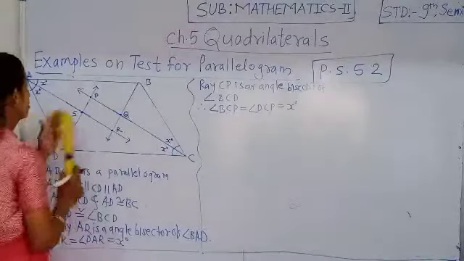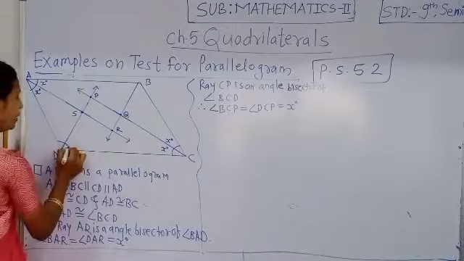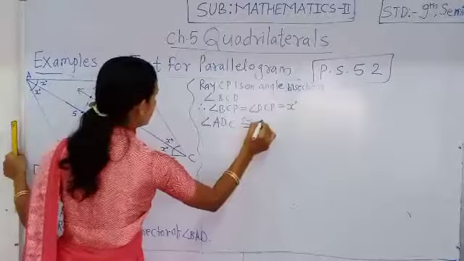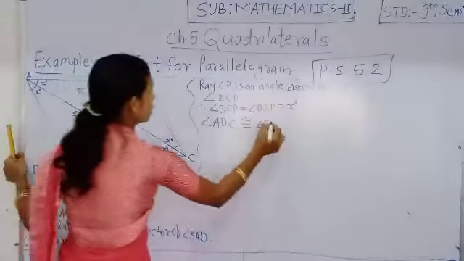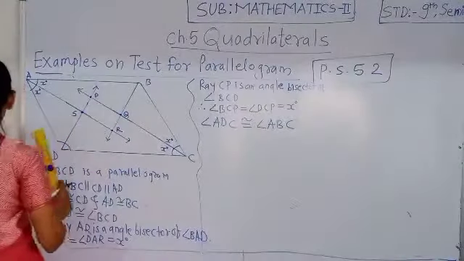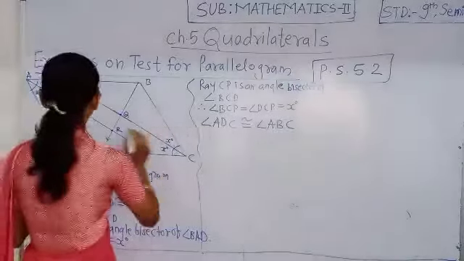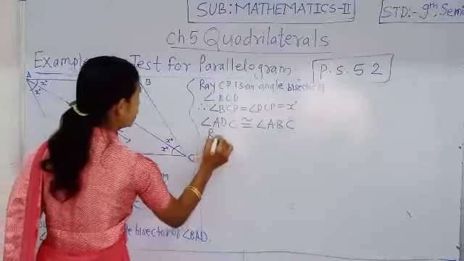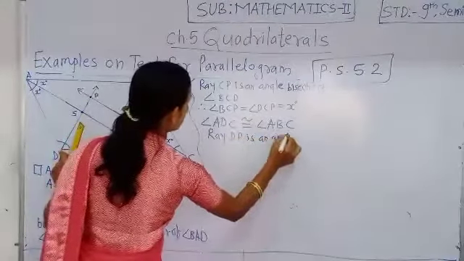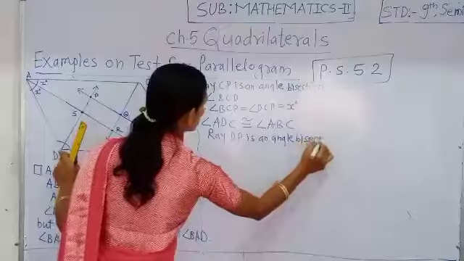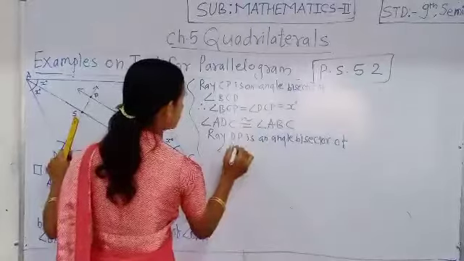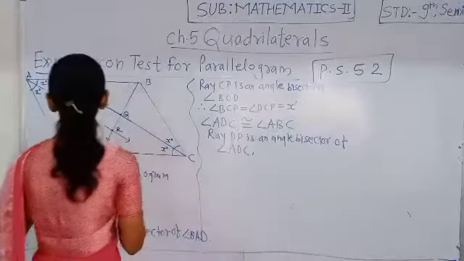Then here similarly angle ADC is congruent to angle ABC, as well as ray DP is an angle bisector of angle ADC.